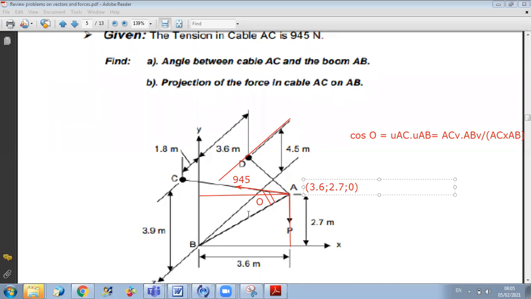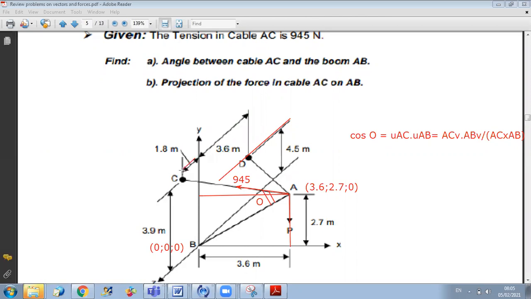Now, point B is the simplest point. It's the origin of the frame. So for B, it's simply 0, 0, 0. For C, if I follow the dashed line, it's in the plane Y and Z, so X of C is 0.